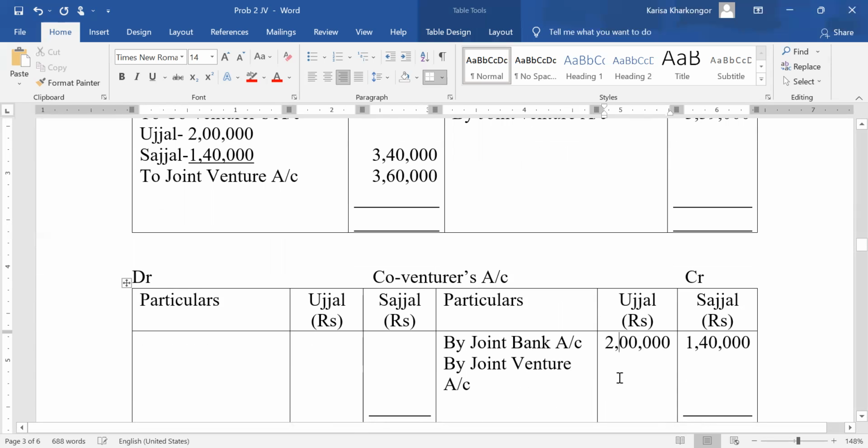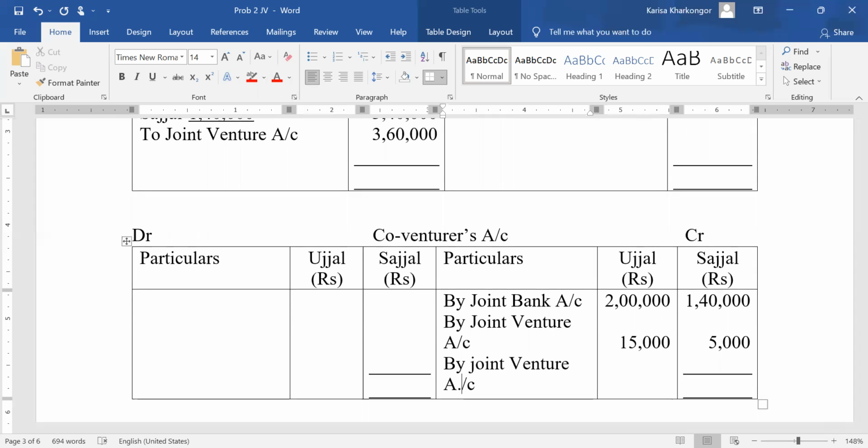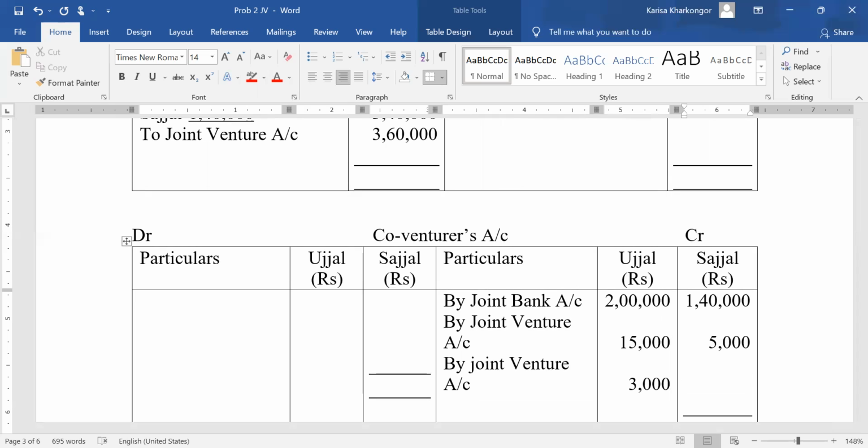By joint venture account, for materials and machine. Another entry for transport and commission, 3,000.